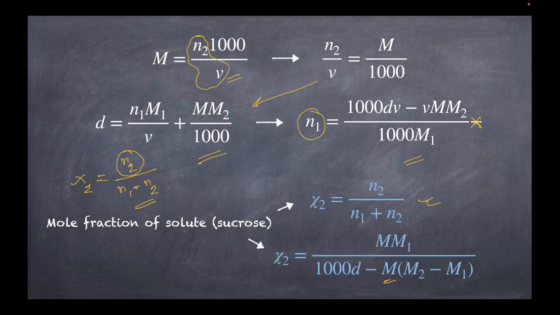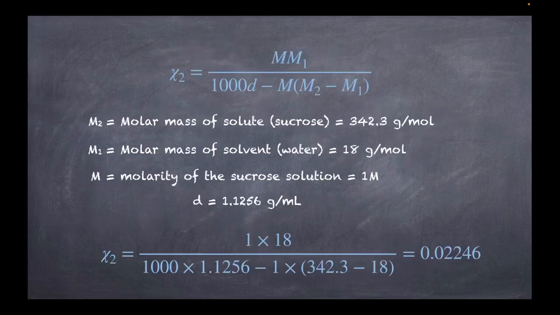Now we know all the values in this expression. If you see the question carefully, capital M, the molarity of the solution, is 1 molar, it is given. Capital M1, the molar mass of the solvent, that means water in our case, we know the value is 18 gram per mole.